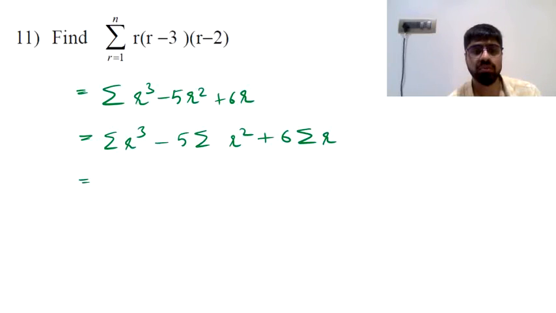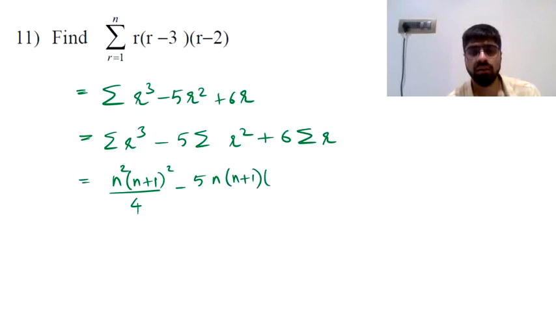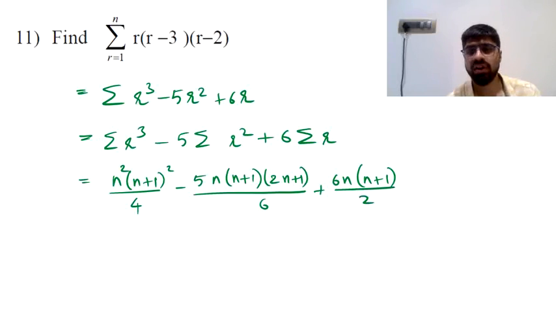Summation of r cube becomes n into n plus 1 divided by 2 the whole square. So we will prefer to write it as n square, n plus 1 square divided by 2 square, which is equal to 4, minus 5 times summation r square is n plus 1, 2n plus 1 the whole divided by 6, plus 6 summation r is n plus 1 the whole divided by 2.